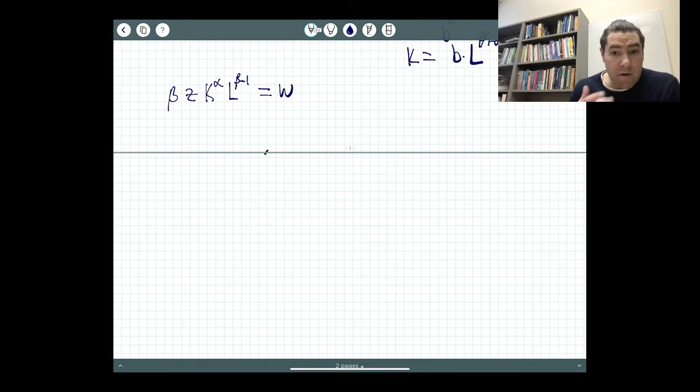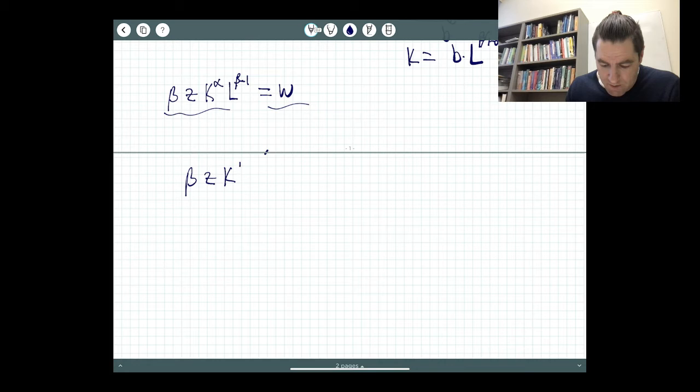So, we can work with this a little bit. I'll do something a little different than I did last time. First, let me do this. So we have beta z k to the alpha is equal to W times L to the 1 minus beta.